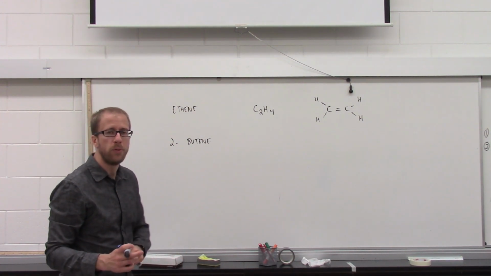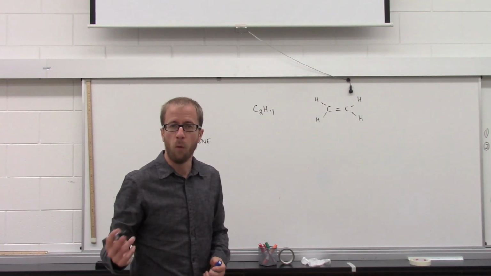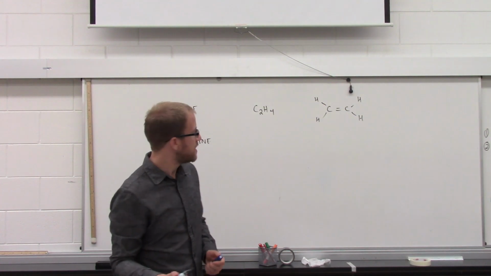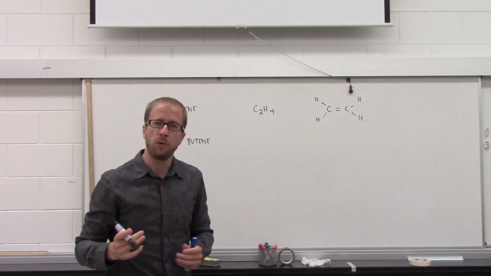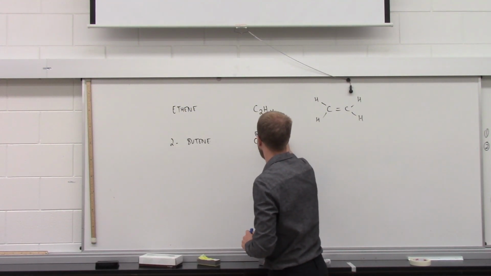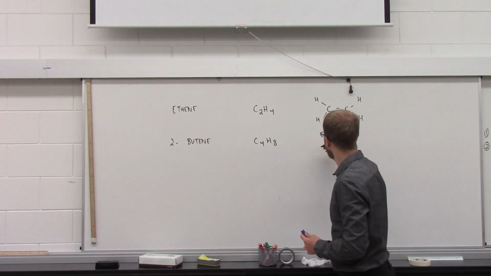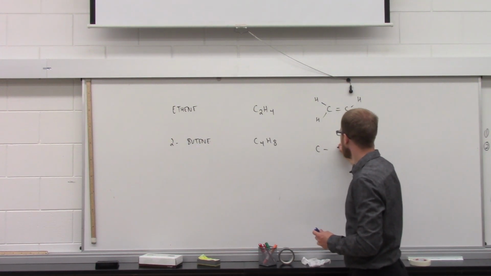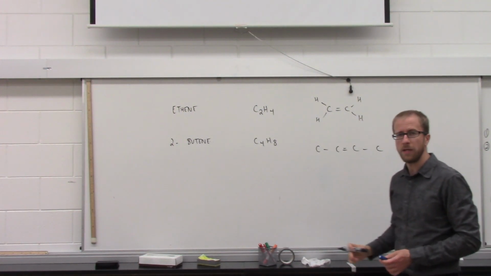What about 2-butene? Again, if it was butane, that's 4 carbons. So that would be C4H10. So we are now removing 2 hydrogens by adding a double bond. So that is C4H8. And if we were to draw the structure for this, we have a double bond at carbon 2.